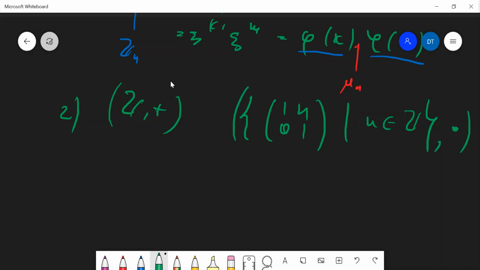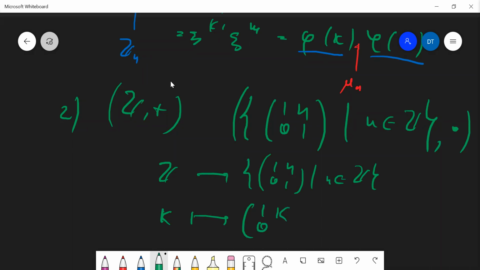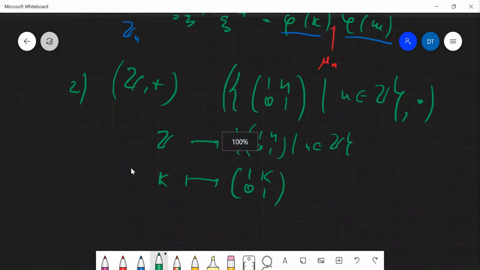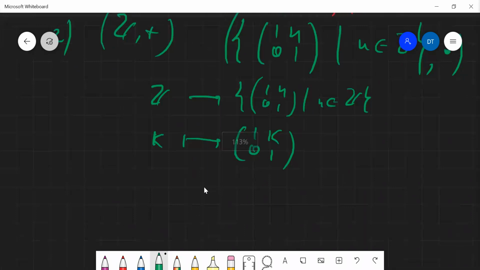Then the map from Z to this group, given by the formula k goes to the matrix with rows 1, k and 0, 1, is actually a bijection, and it preserves the operations. So it takes addition of integers to the multiplication of matrices. I don't want to check this, I would like to leave this as an exercise. So this map is actually an isomorphism.